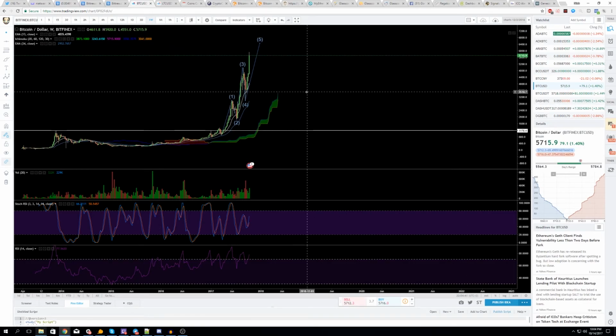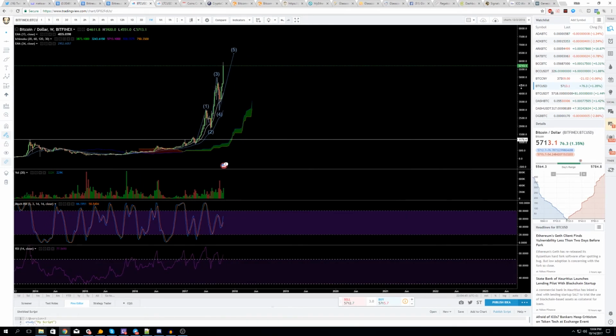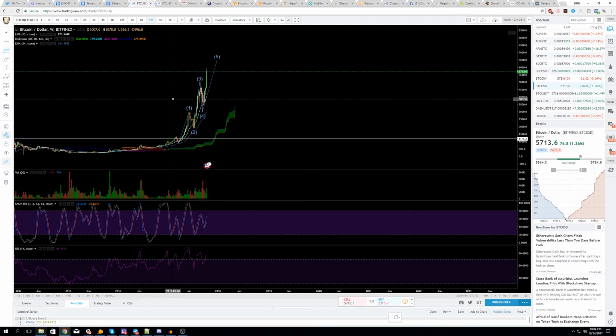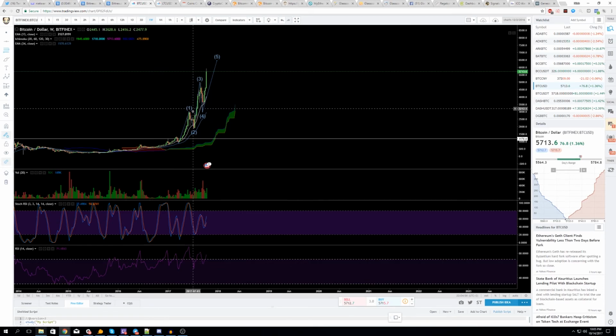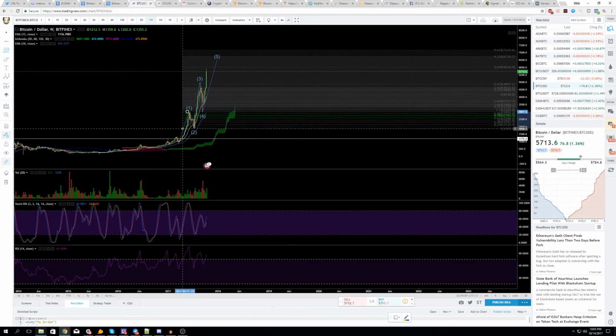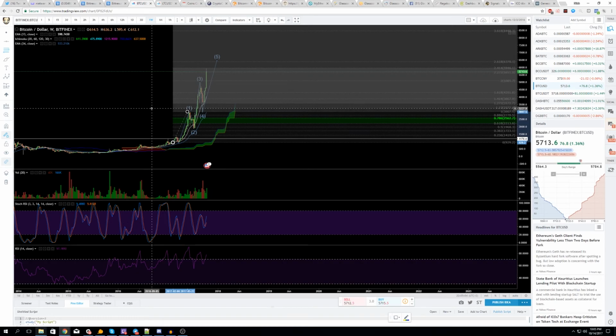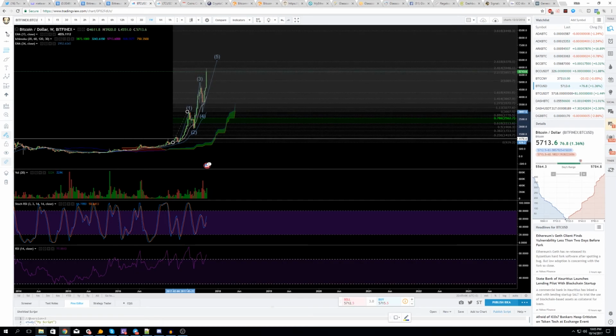The way we can find our targets is by using Fibonacci. So we have the Fibonacci tool here. We go from the top of this first wave all the way down to where this started, over here. I need to adjust this a little bit.